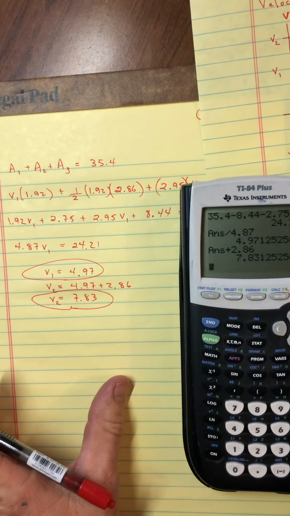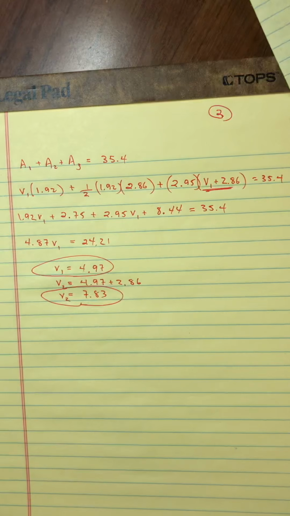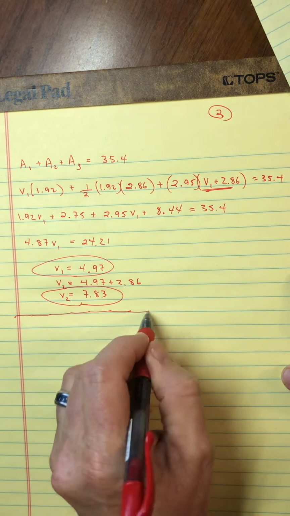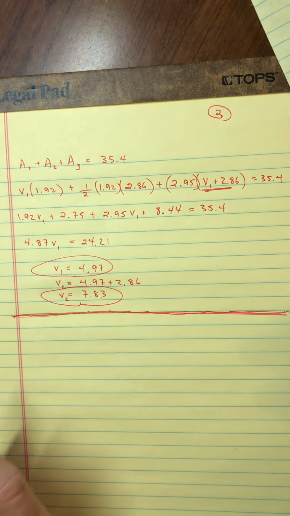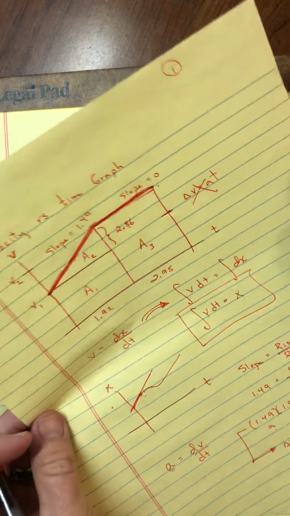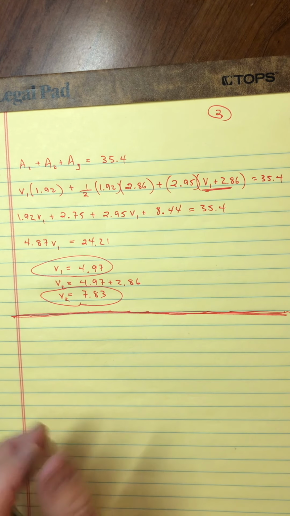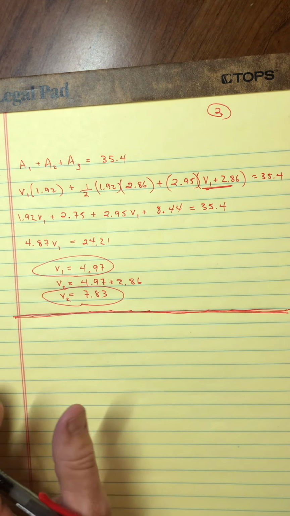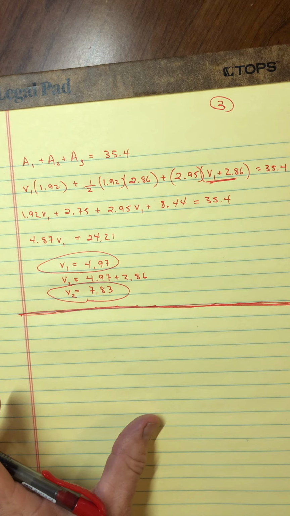Okay? Now, for me to actually confirm if I did this right or not, and use this as an opportunity to show you that we could probably do all of these without the graph, just with some numbers here, is to use those equations about our kinematics.